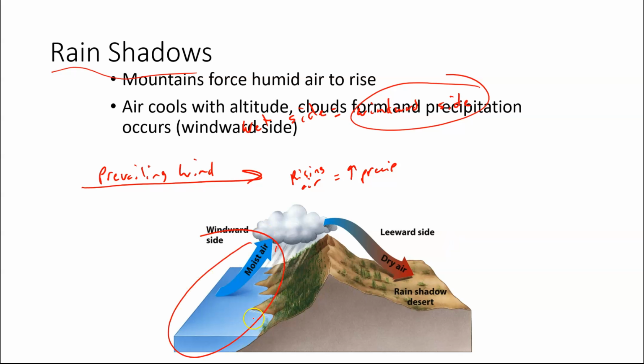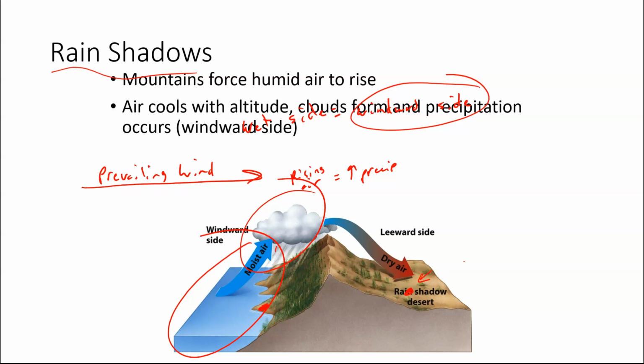So we would expect a city located on the west side versus a city located on the east side to not only be wetter, because it's on the windward side, we would also expect it to have a milder climate, cooler summers and warmer winters than a location over here.